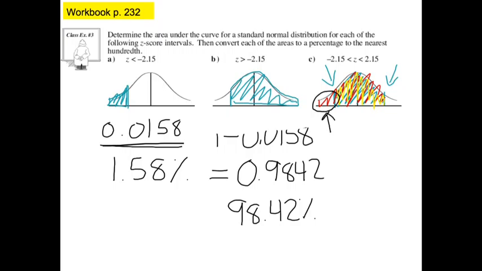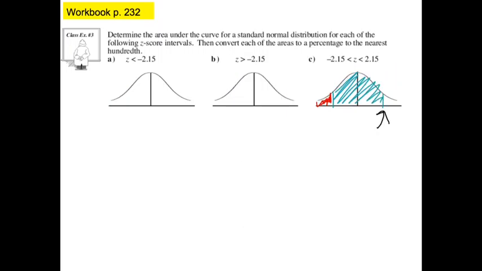In order to do that, you can subtract it. When you look that up on your z-score table, the corresponding area for that z-score, which is 2.15, is going to be 0.9842.